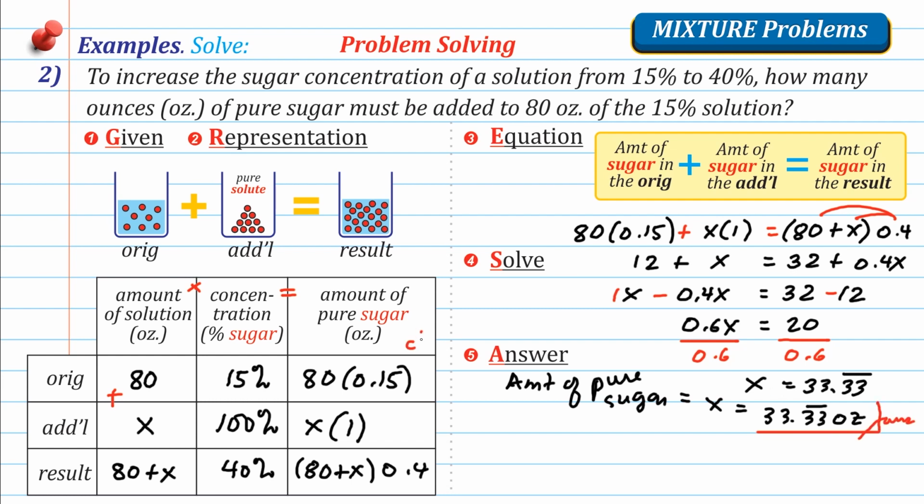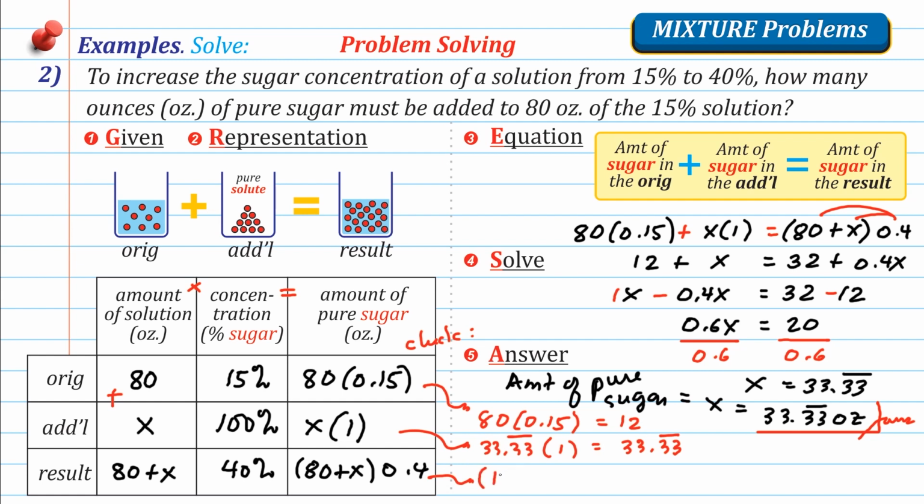Now, of course, we want to check whether the answer is correct or not. Let's compute the amount of pure sugar here. 80 times 0.15 is equal to 12. And then x times 1. X is 33.33 times 1 is, of course, 33.33. And that's non-terminating. Finally, we have 80 plus 33.33.